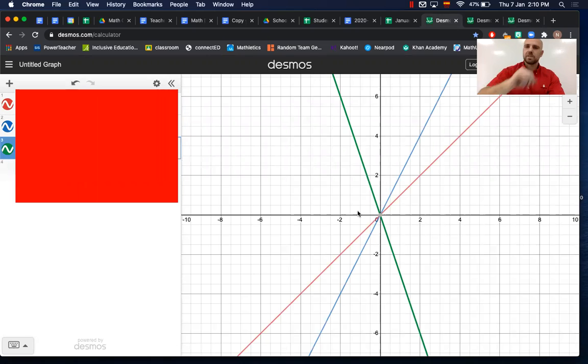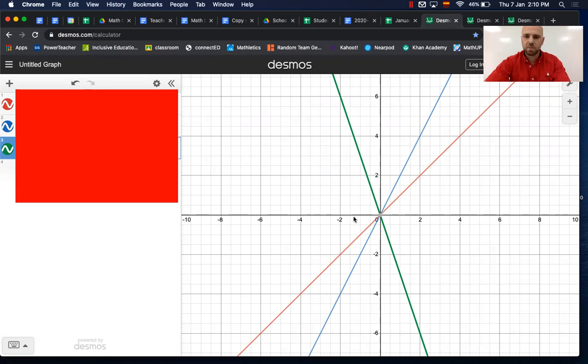So in this, we've got 3 graphs here. We're comparing 3 graphs that all go through the origin, so we know that the constant in each of these is going to be 0. My question for you, and you can feel free to pause the video, is what is each of these graphs?